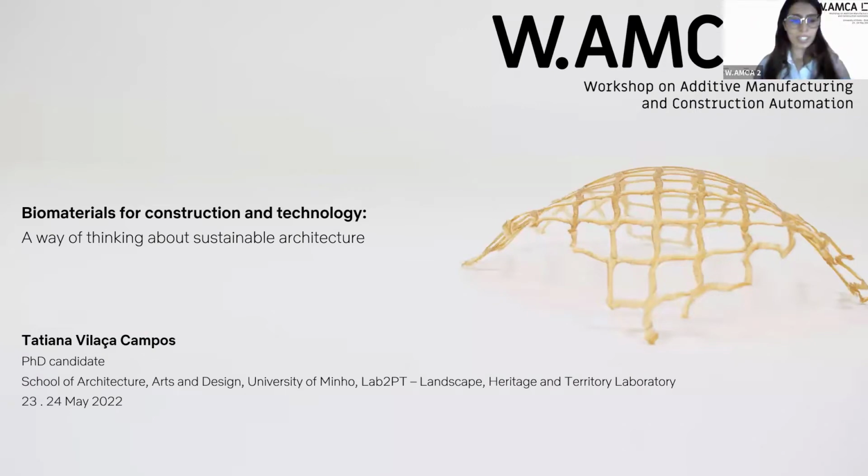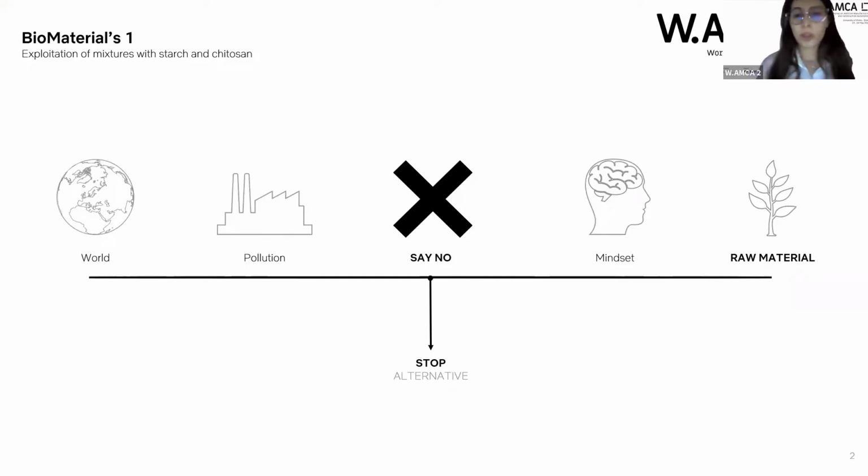Good morning, everybody. My name is Tatiana, and I'm doing my PhD in natural materials and the possibility of developing more sustainable building systems for architecture. Currently, the search for new sustainable construction practice has explored the possibility of using natural materials or green materials.